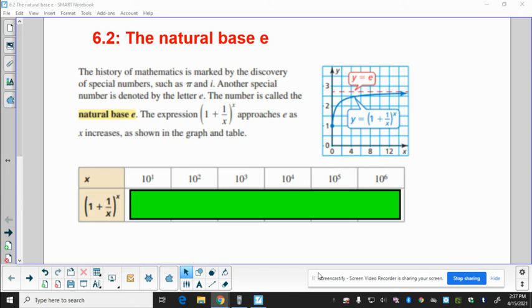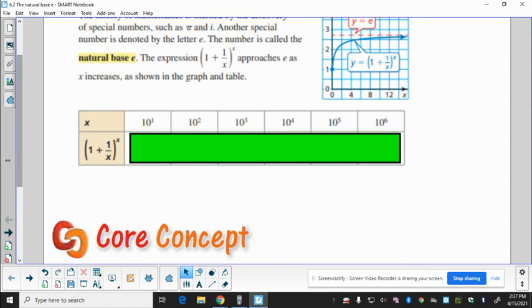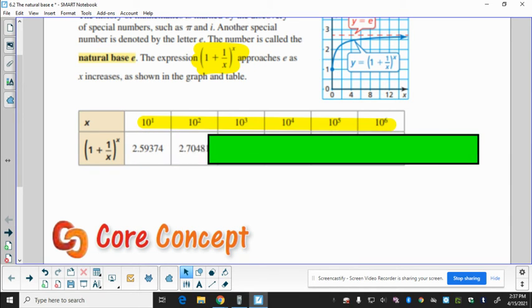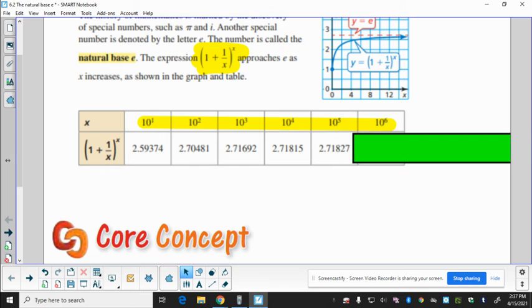As you can see in the graph, there's a picture of a function that models this situation. If you were to take this function, I'm going to highlight it right here, and substitute these values into it one at a time, you would notice that these values, 10, 100, 10,000, 100,000, reach a limit where they're converging upon a number, getting closer and closer to it.